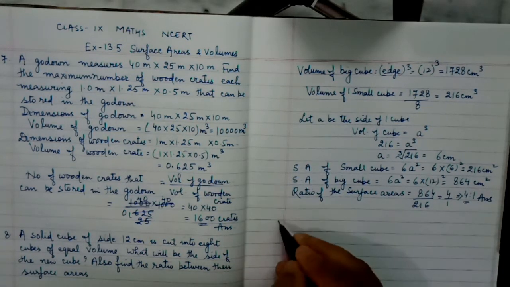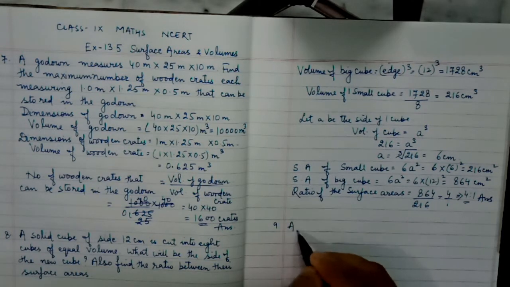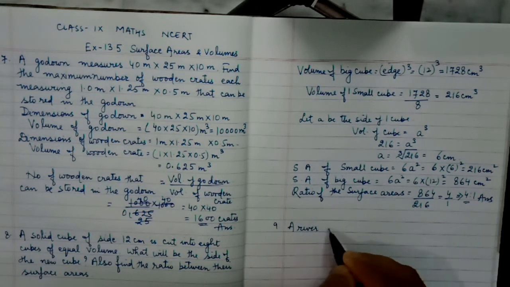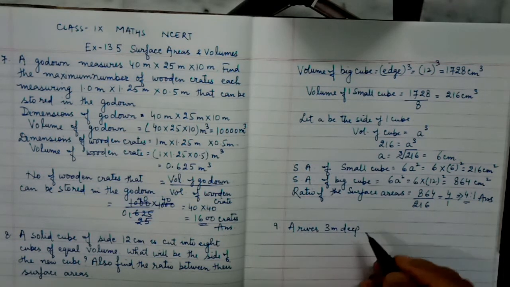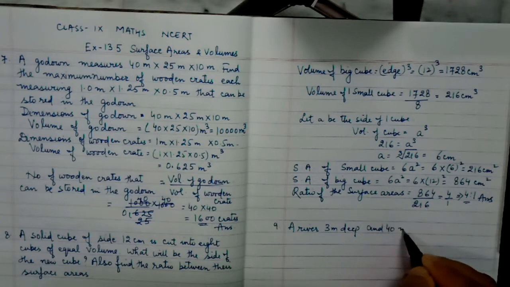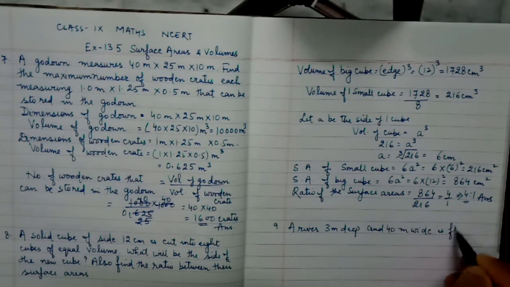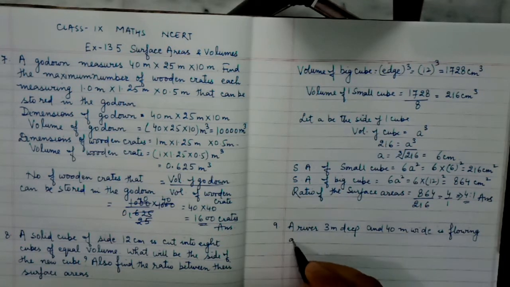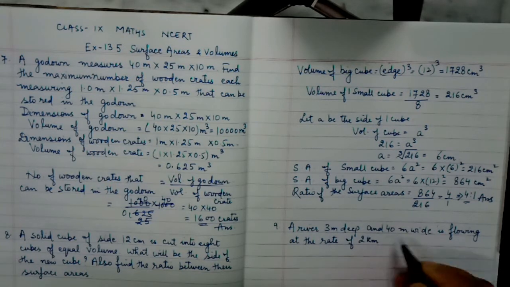Now question number 9. A river 3 meter deep and 40 meter wide is flowing at the rate of 2 kilometers per hour.